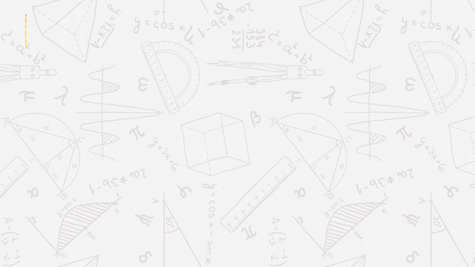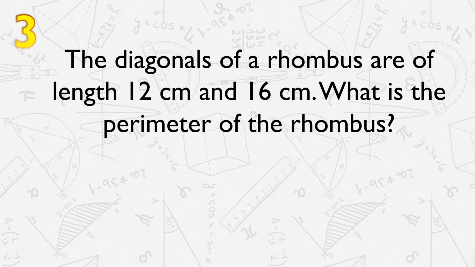Question number 3. The diagonals of a rhombus are of length 12 centimeters and 16 centimeters. What is the perimeter of the rhombus? Again, the diagonals of a rhombus are of length 12 centimeters and 16 centimeters. What is the perimeter of the rhombus?